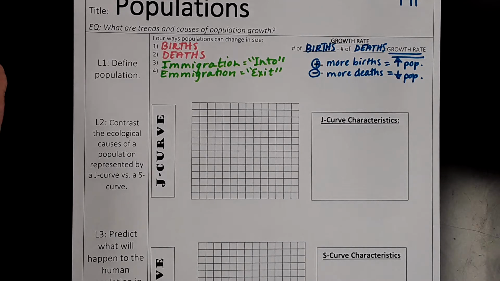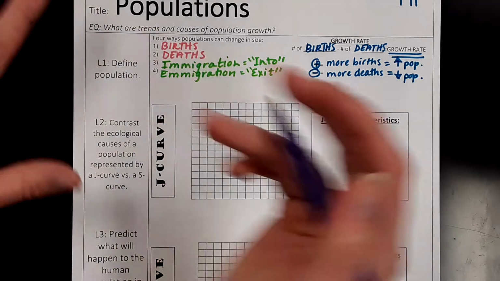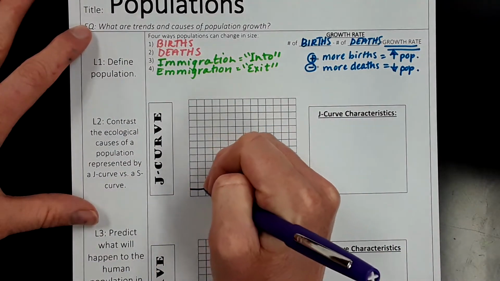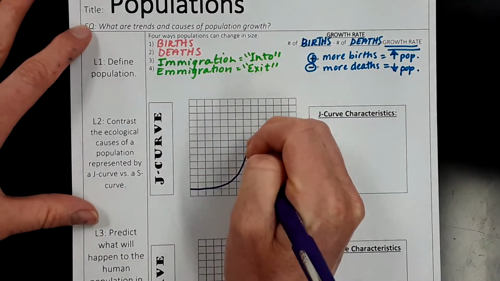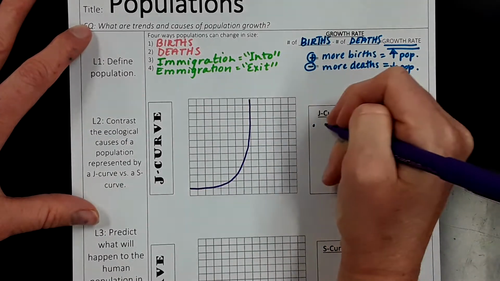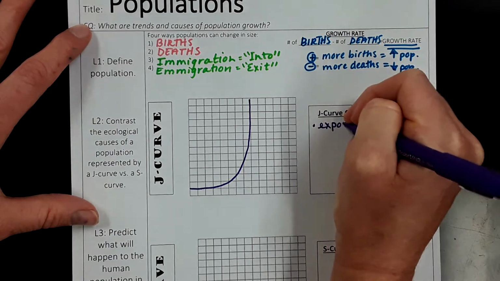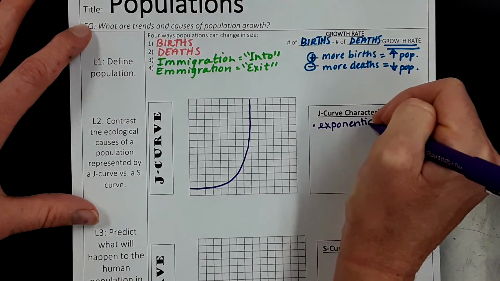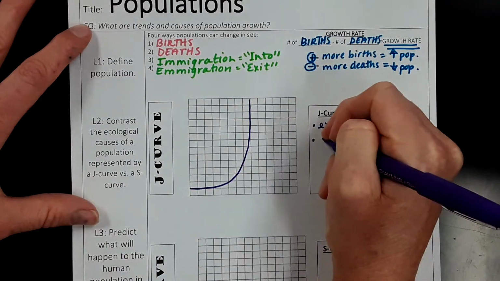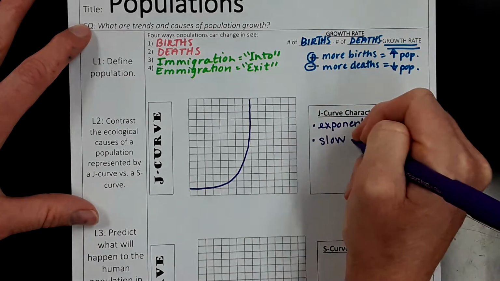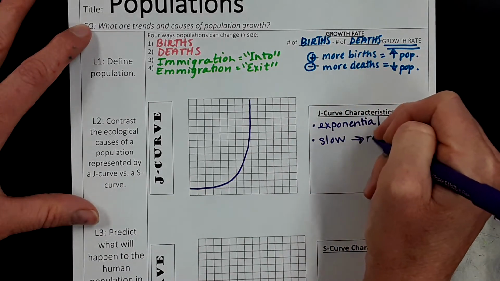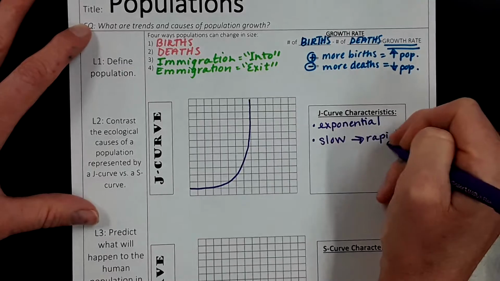So in this kind of population, a J curve happens exponentially. The population starts off slow and then it grows really rapidly, and it looks like the letter J. So a J curve is exponential growth. The population growth starts out slow and then it becomes very rapid. So slow to rapid growth.